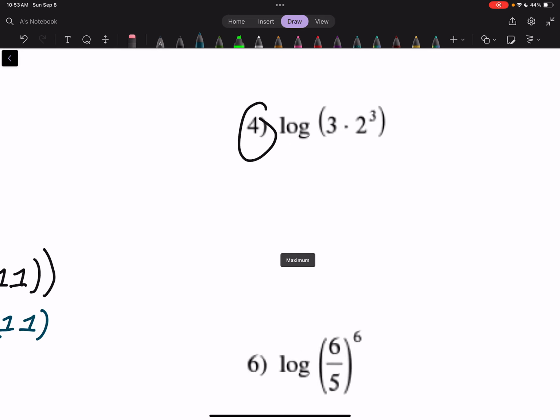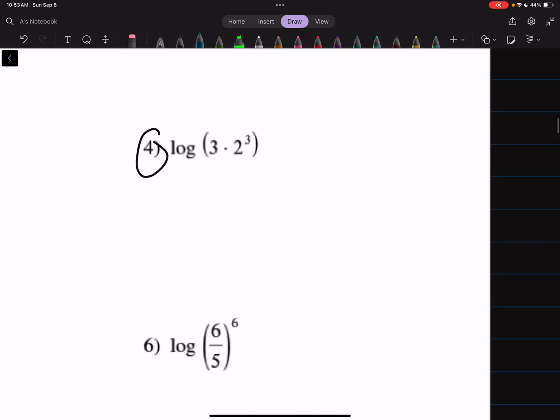Number 4. In this step, I do have an exponent. However, this exponent is not on my parentheses, it is just on my 2. So my first step is not the power rule, but it is the product rule because of that multiplication symbol.